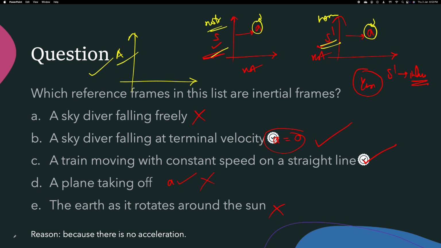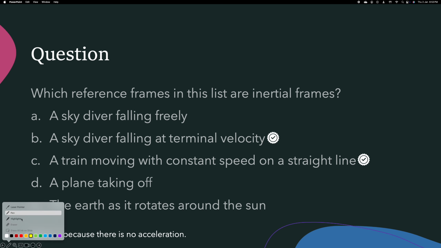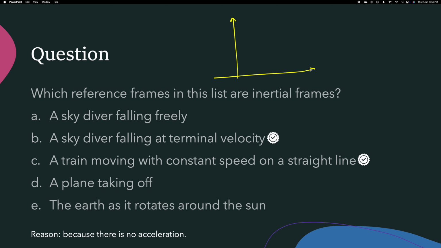Now, that's not how the answer should change. Remember, when we talk about a frame being an inertial frame, it can simply be decided by one of the particles within that frame. For example, when I'm talking about S prime accelerating with A, we know that all the particles within that frame are going to accelerate with A. If any one of the particles within the frame is accelerating, then the entire frame is accelerating, therefore that entire frame is a non-inertial frame.